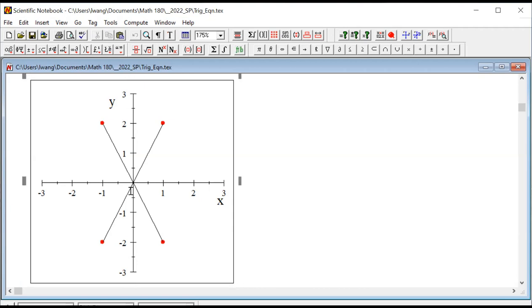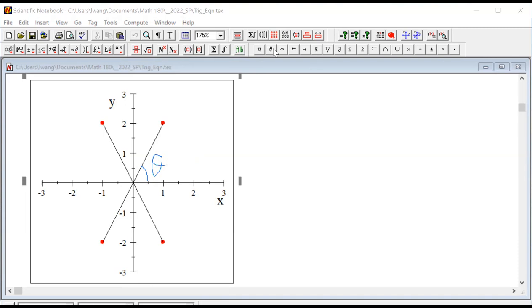And then the thing is, we need to represent the angle. How do we represent this angle? Well, this angle is in the first quadrant. We can use arctan. I'm going to call this theta.